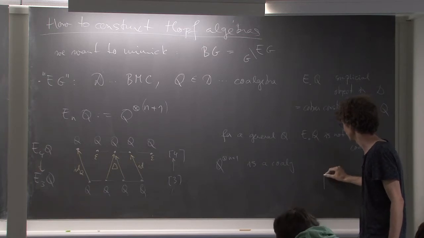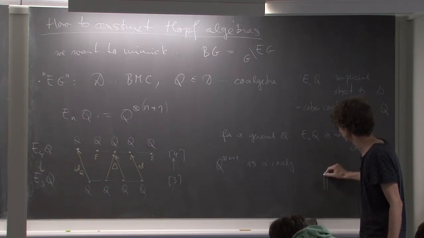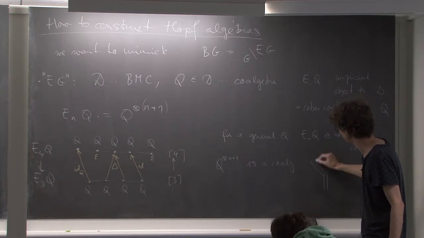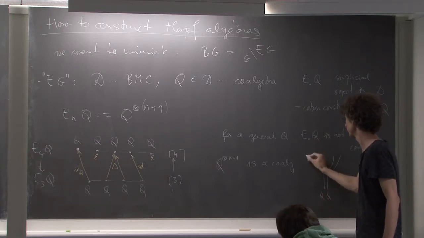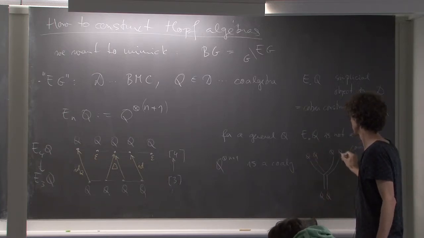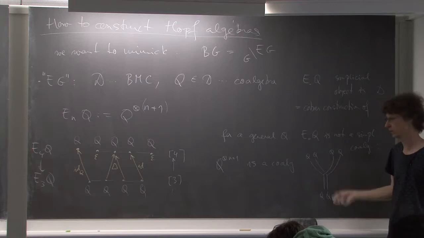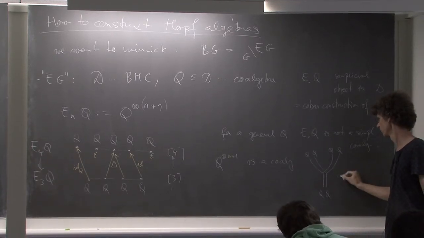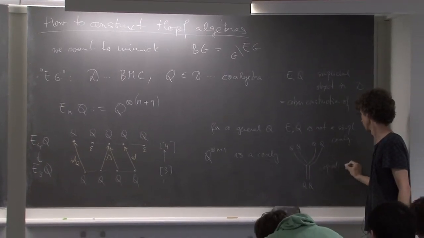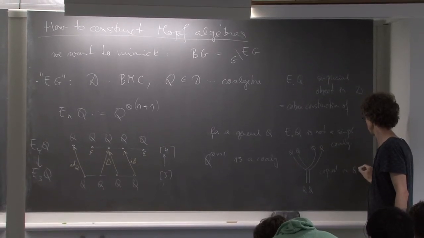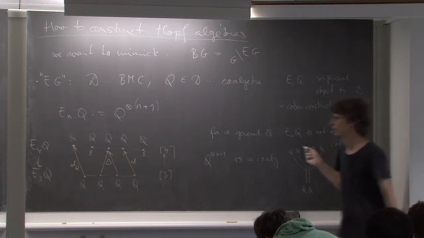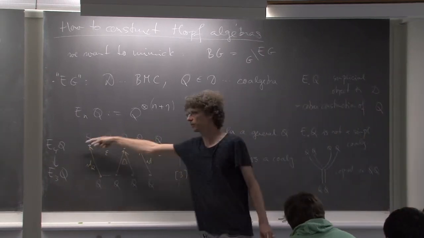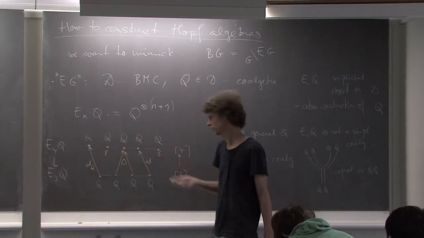What is happening is we just take two Qs and then apply the coproduct in each of them. So this would be like the coproduct on Q tensor Q. The problem is that these maps are not morphisms of coalgebras.